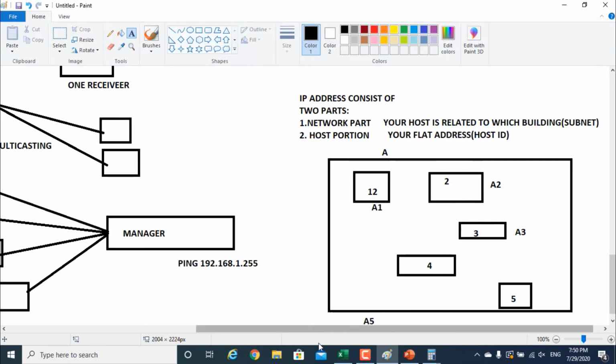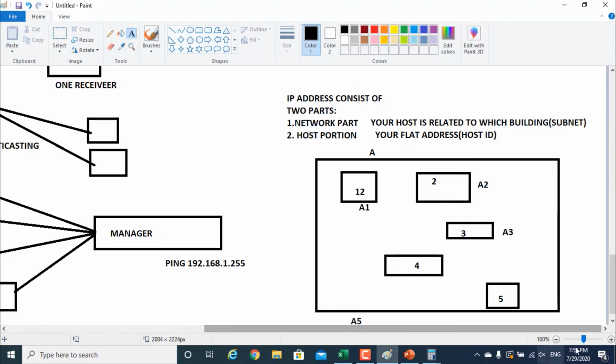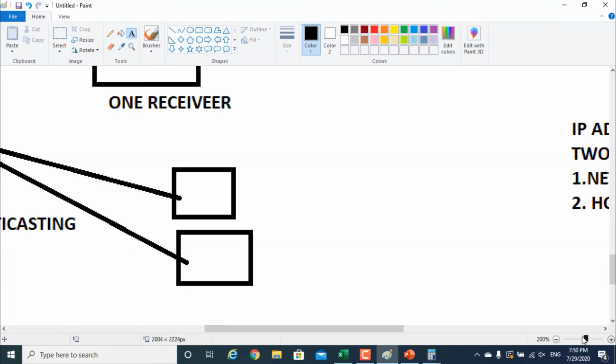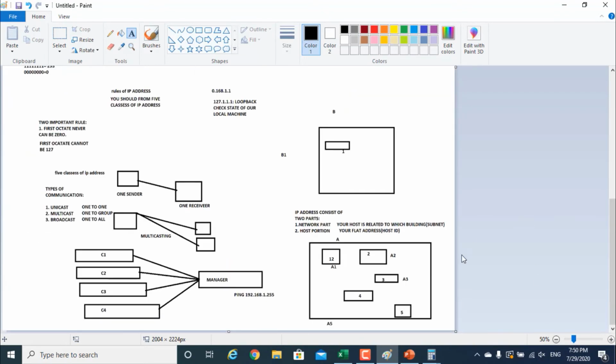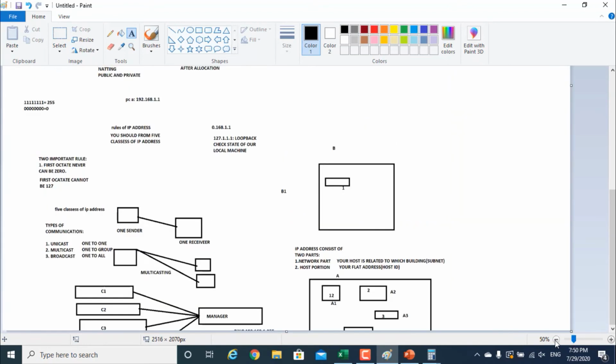What is the advantage? What is the relationship between the host portion and the network portion? There are some advantages, guys, that you will get.